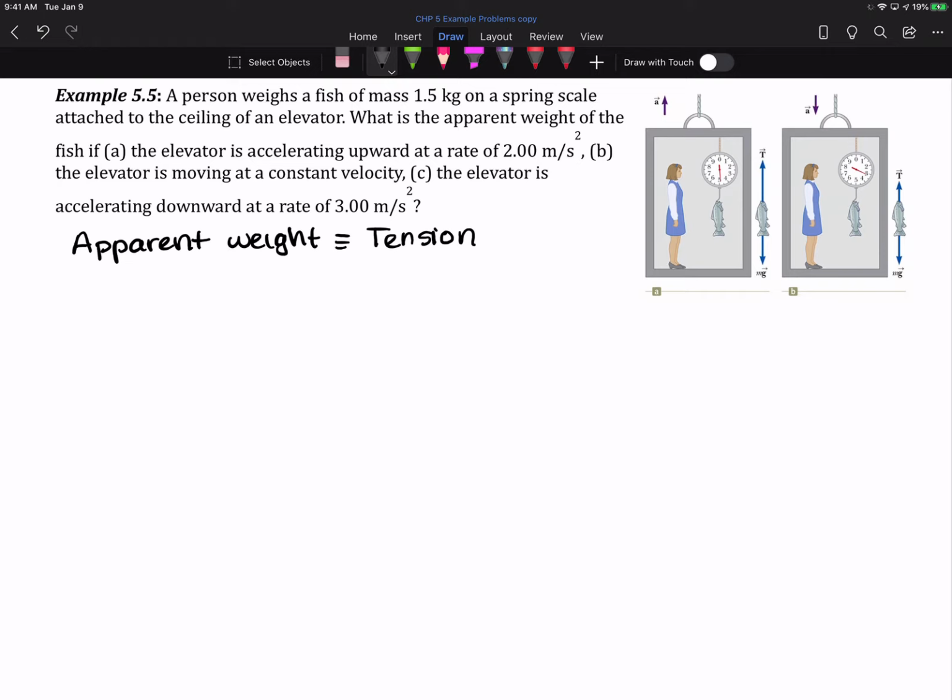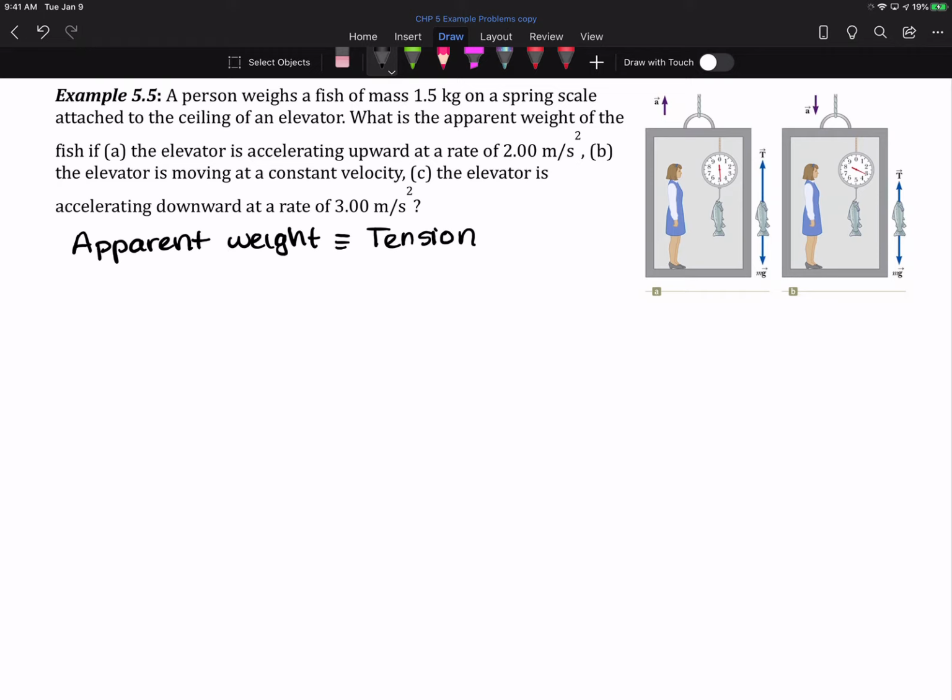This is similar to if the person was standing on a scale, like a regular bathroom scale, and you were asked to measure what the person's apparent weight is. In that particular case, it would be the normal force that we would want to find, because that would be the apparent weight.